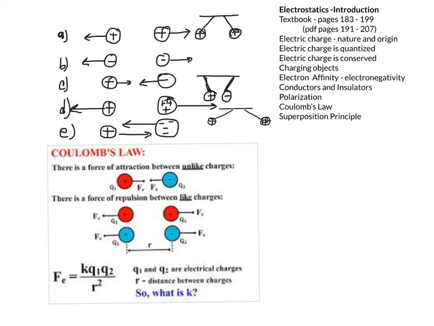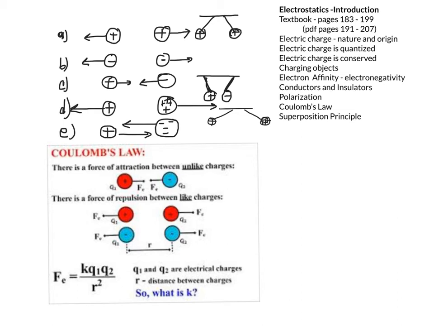So the quantitative relationship that describes what we were just talking about is called Coulomb's law. What Coulomb's law says is that the electric force on any charge will be a constant K times the magnitude of the first charge times the magnitude of the second charge, all divided by the distance between the centers of the charges squared.